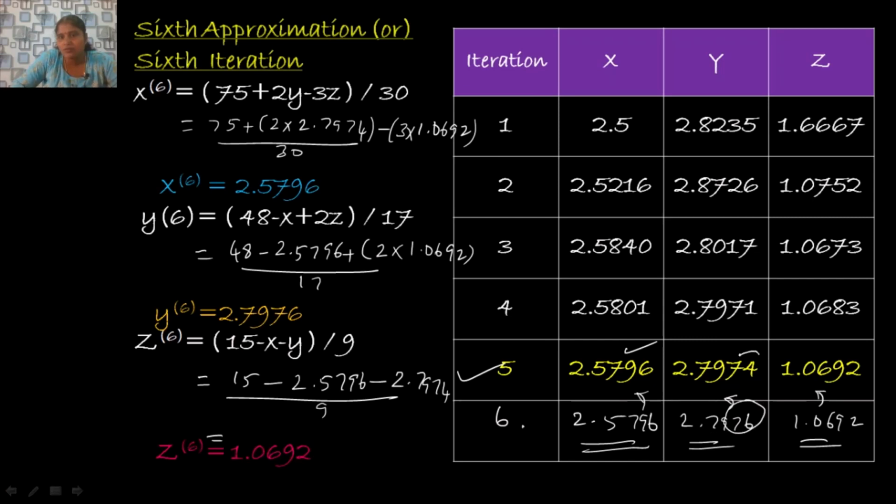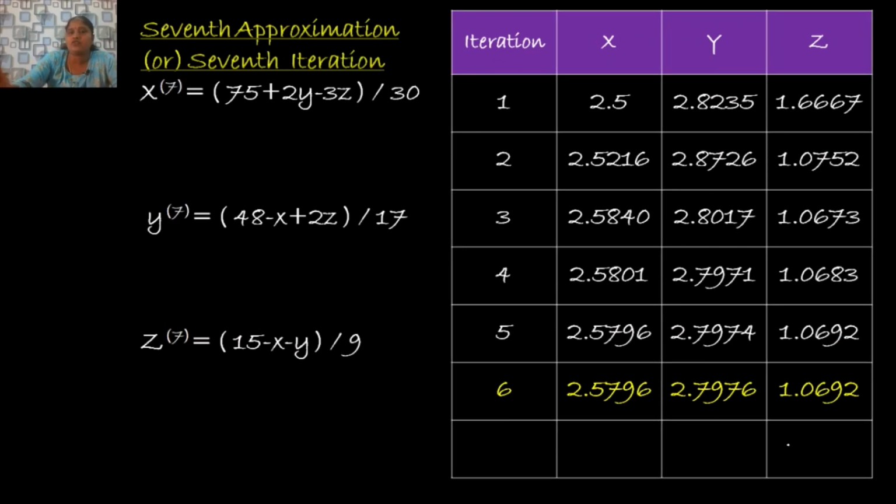So it coincides only up to 2 decimal places, not up to 4. The values of z coincide up to 4 decimal places as it is. So the y value alone doesn't coincide up to 4 decimal places. So we move on to the next iteration, the seventh iteration, to calculate the values of x, y, z.